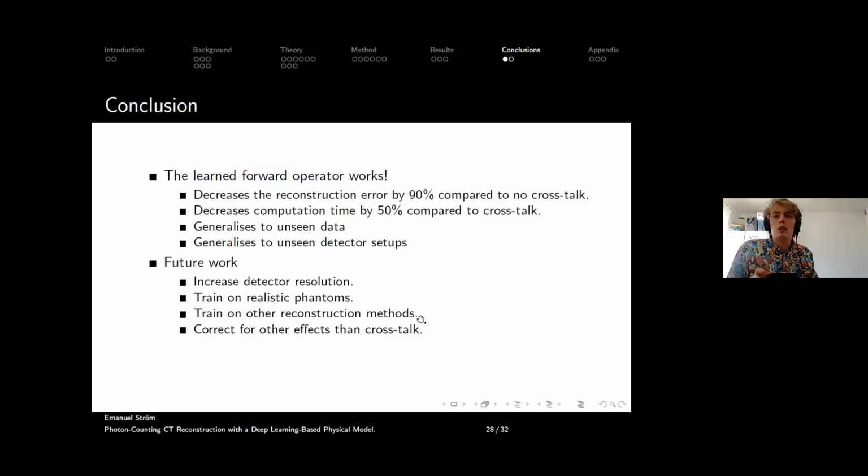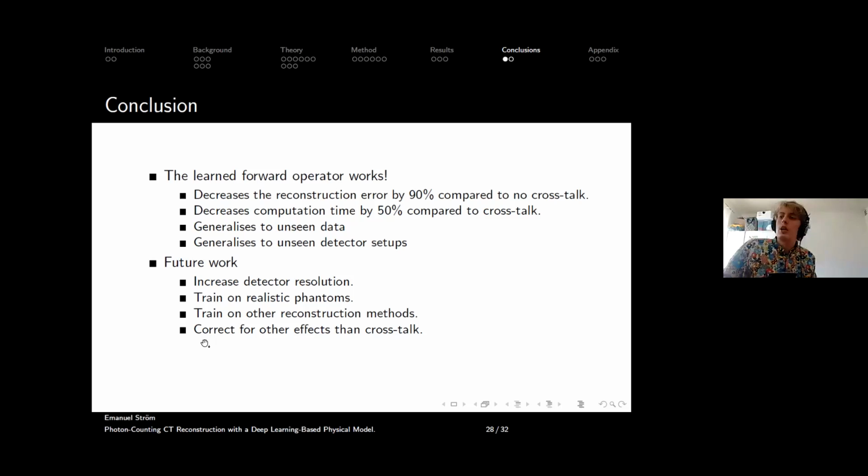And another point here is that, as I mentioned before, you can also imagine correcting for other effects than just crosstalk, right? I mentioned that there were many different physical aspects that you need to model in photon-counting CT. And this kind of method is essentially capable of modeling all of these effects, and even capable of modeling physical effects that we can't really express mathematically.